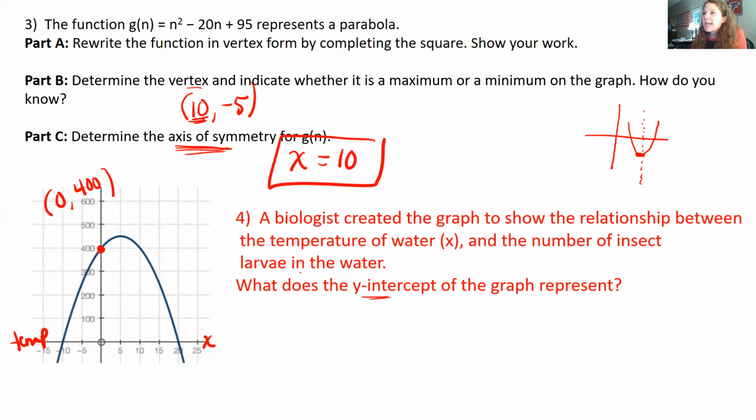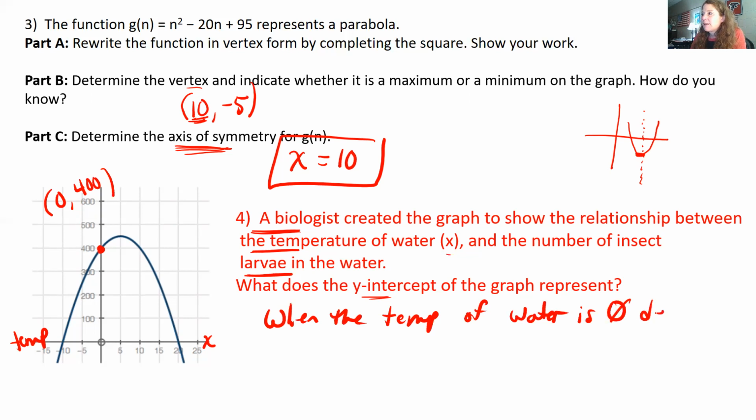So in the context of this situation, it tells us everything we need to know in these words. What does the y-intercept mean? Well, the x, which is 0, means when the temperature of the water is 0 degrees, then what?